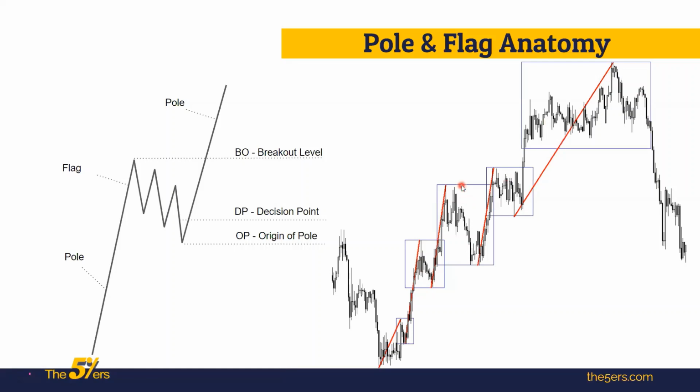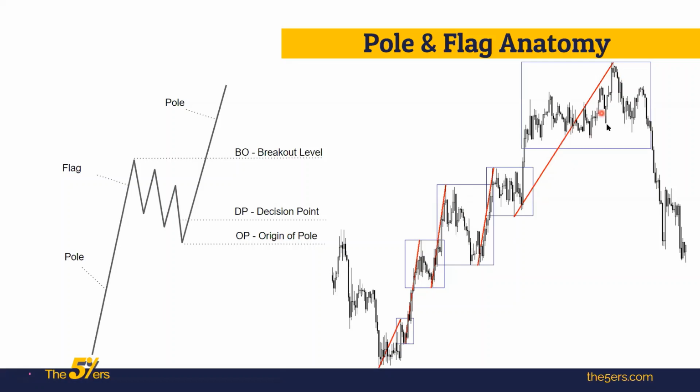That would be another flag, and another flag, and another flag, and another flag. And you can see that there are many variations of the formation for what is a flag. A flag can be going very deep. It can be very fast, and it can be very slow.